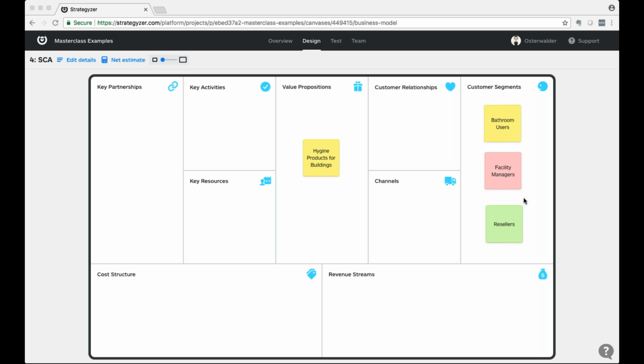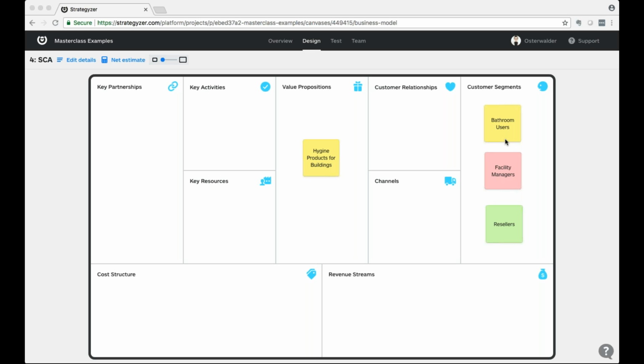I've seen this canvas when I was working with the teams there on a wall where they had one sticky note for value proposition canvas, and they had 3 sticky notes for the customer segments.